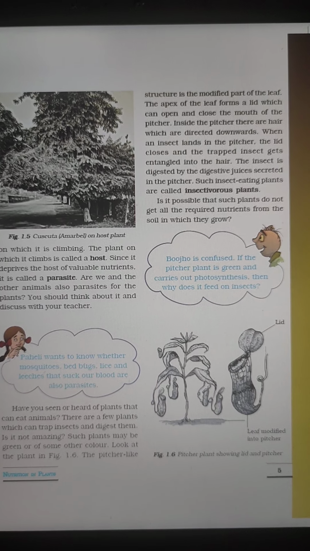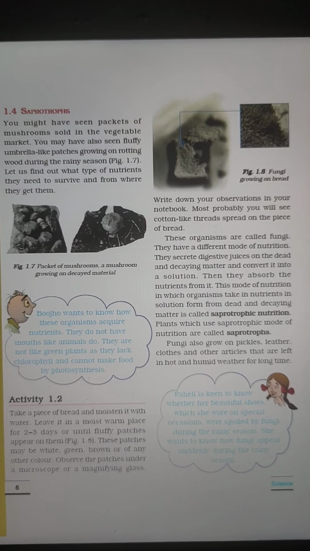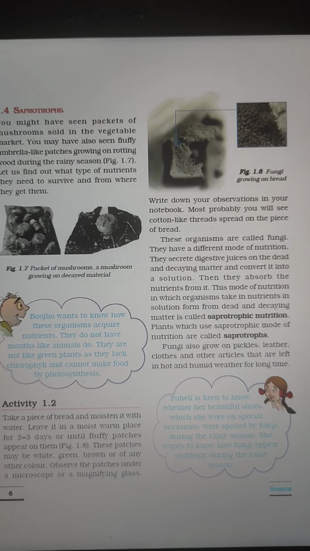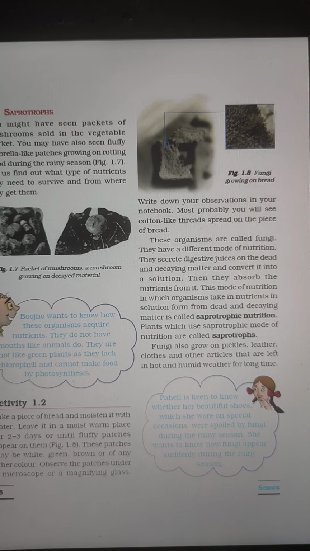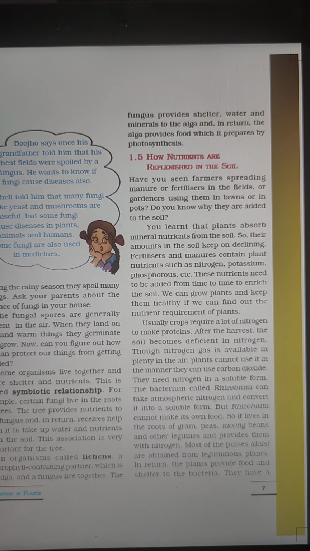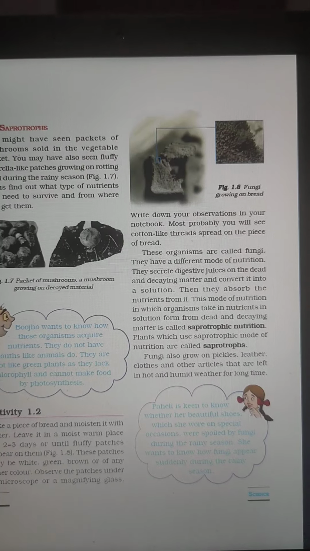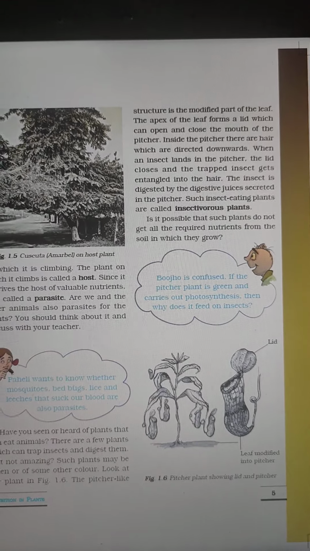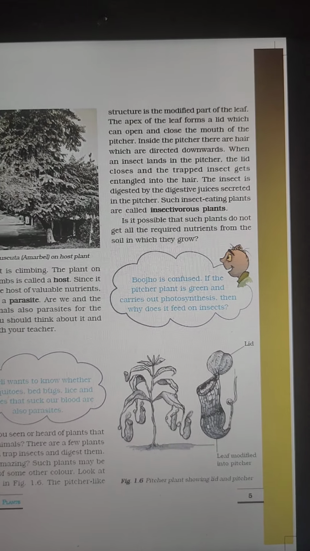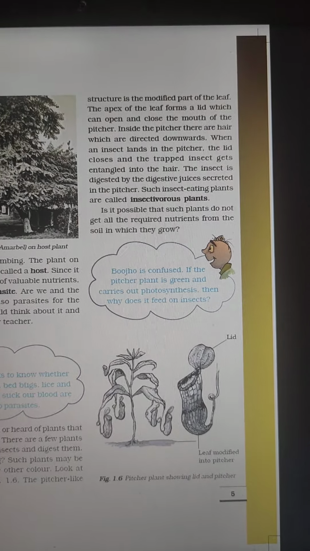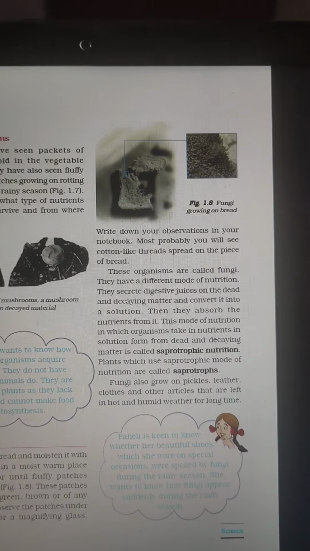And one more topic, that is symbiotic relationship. What is a symbiotic relationship? It means when two organisms are living together and are beneficial for each other, that type of nutrition is called symbiotic nutrition. Here I am giving the example of lichens, in which algae and fungi live together.